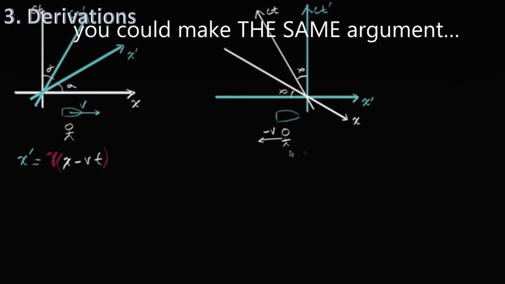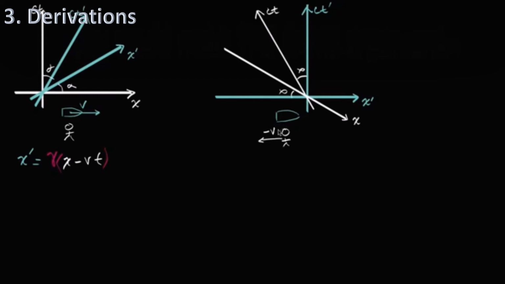Well, you could make the same argument the other way around. If you view it from her frame of reference and you're trying to translate into my coordinates, you could say that x, instead of just using the Galilean transformation, is going to be equal to x prime, and now instead of a v, we have a negative v.